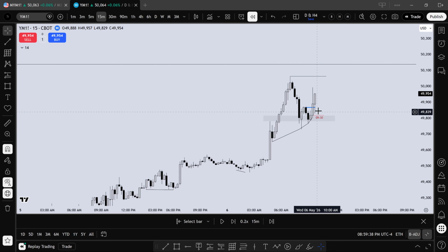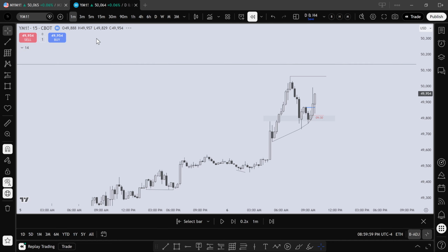So I moved my stop loss above my entry and I got stopped out, but I entered again because of how sure I was of the market direction. And as you can see, this pullback was just a tap of the 15-minute order block and then continuation higher.